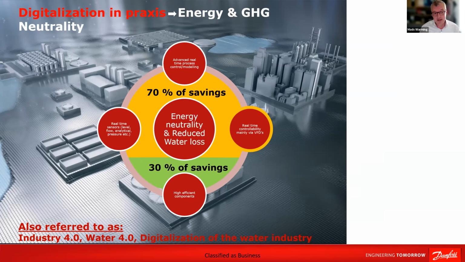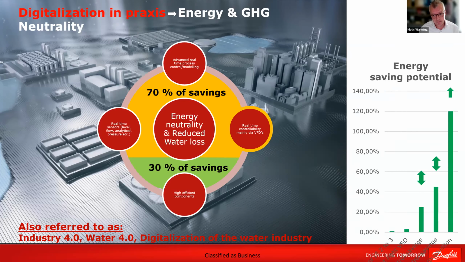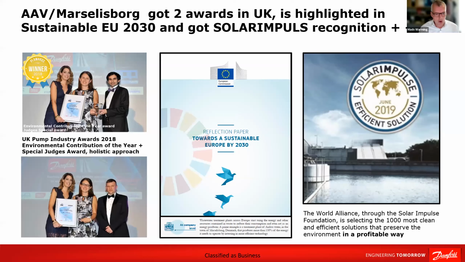The 70% is in fact automatization or digitalization which has moved something. A couple of innovation awards and also reflection from the European Center in Brussels that this is the prime case in Europe, and some other awards which we have got.